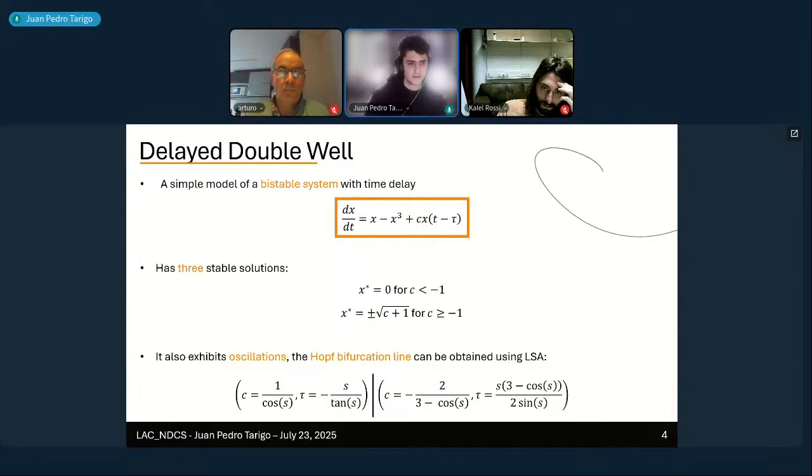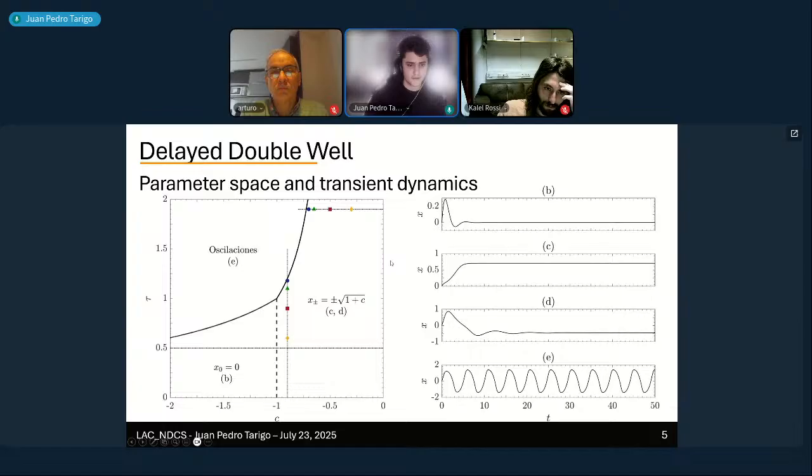So this is the stability of the fixed points. In the bottom left we have a region where we only have one stable solution, the fixed point at 0. Then on the right of the diagram, we have a region where we have two stable fixed point solutions, so we have bistability.